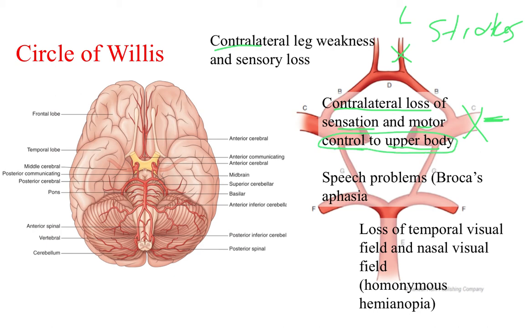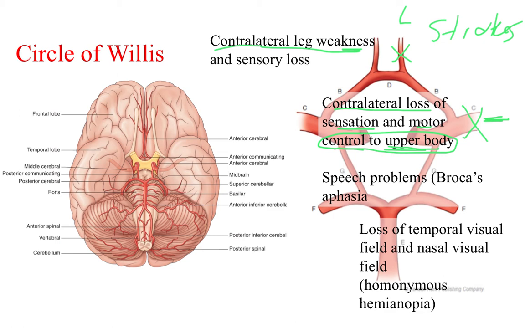And so that's why you'll have loss of the upper body, and a stroke in the anterior cerebral artery is going to be associated with leg weakness, because those arteries are going to supply blood to the areas of the primary motor cortex that are associated with the legs rather than the upper body.